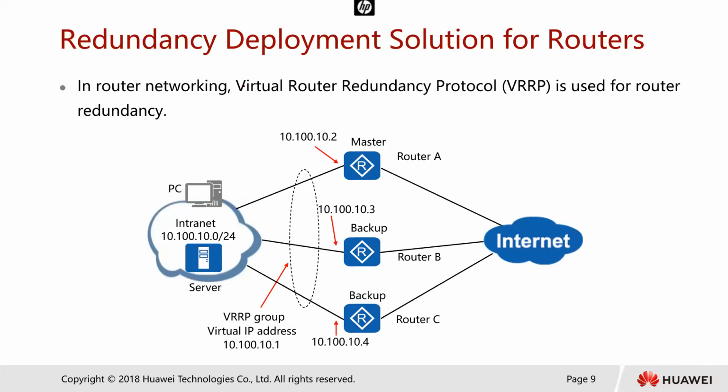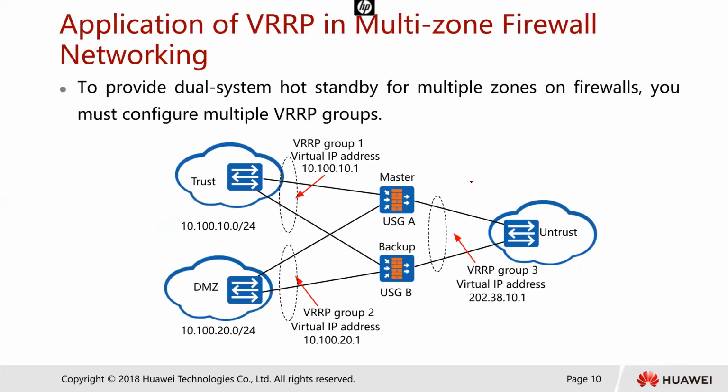So this is what we are calling Virtual Router Redundancy Protocol, where you can put routers in a virtual group, and your virtual group has a master router which is doing all the forwarding of packets, and we have our backup routers in standby mode, and all these form what you're calling a group, and this group is also looked at as one virtual router with a virtual IP address. So let us look at the application of the VRRP group.